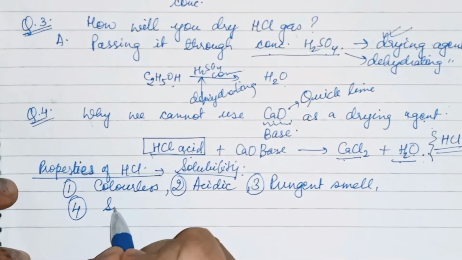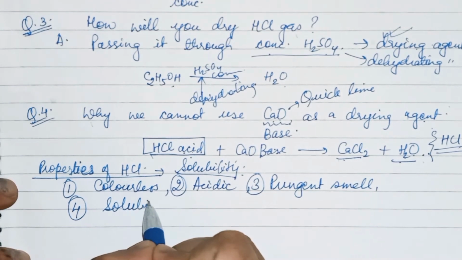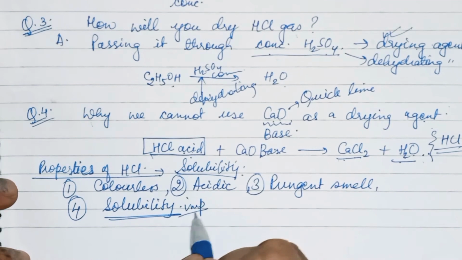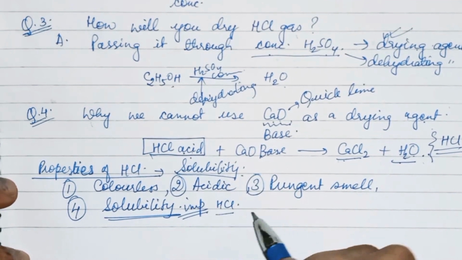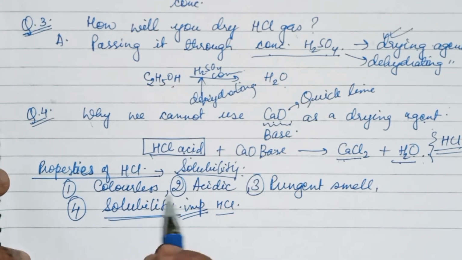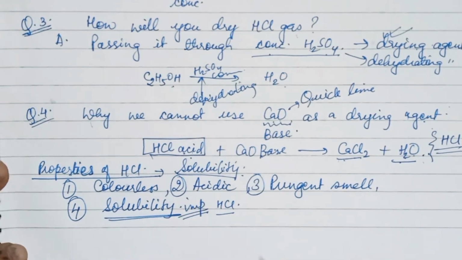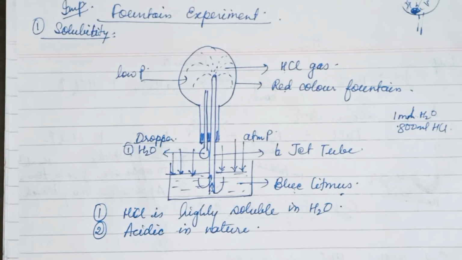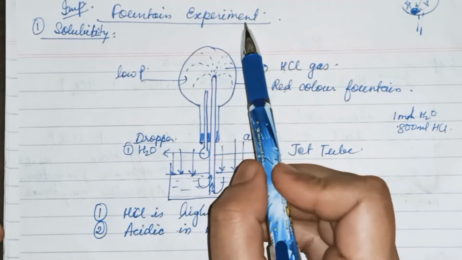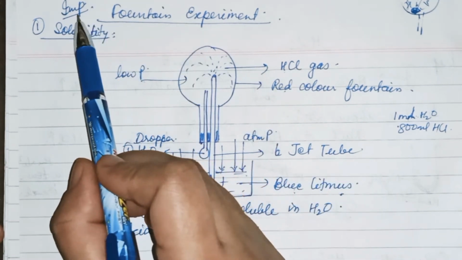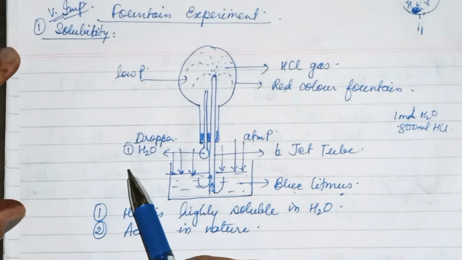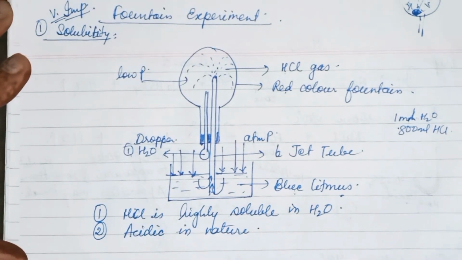Fourth point is most important, that is solubility. This is the most important point for HCl. Now how will you identify the solubility of HCl gas? You will check this solubility by the fountain experiment, children, and this fountain experiment is very important for your exam.